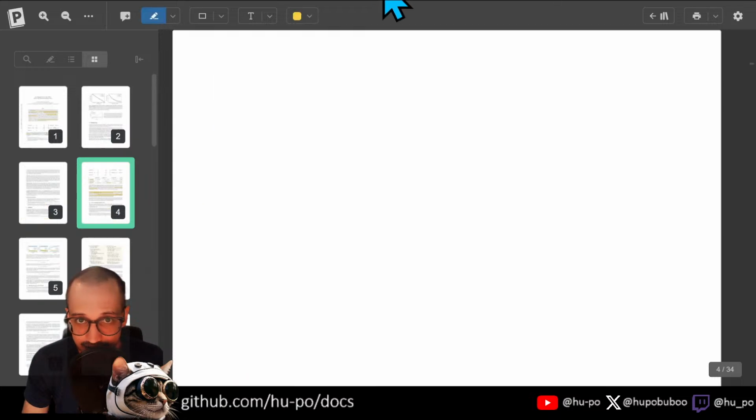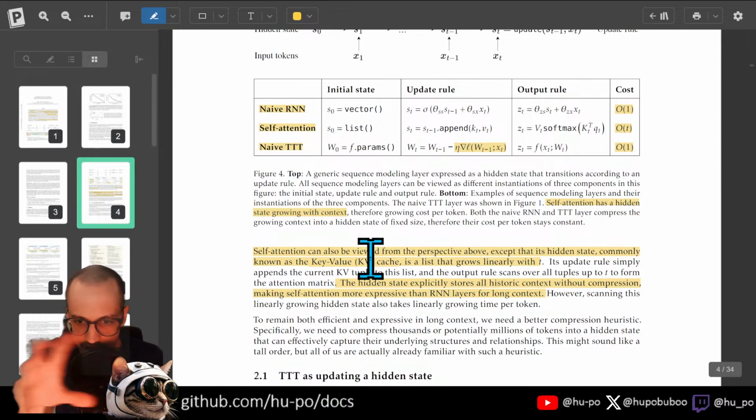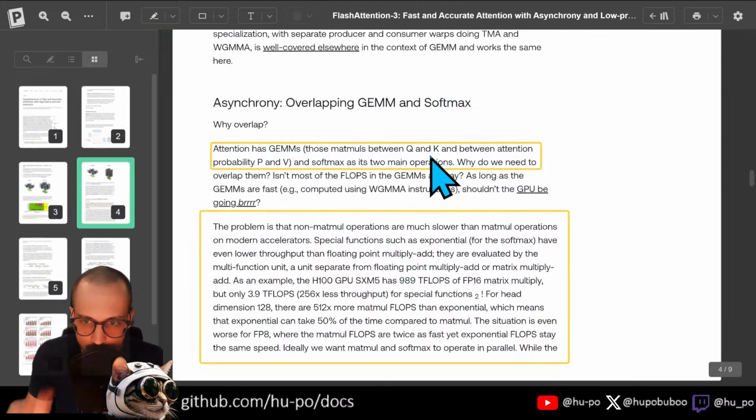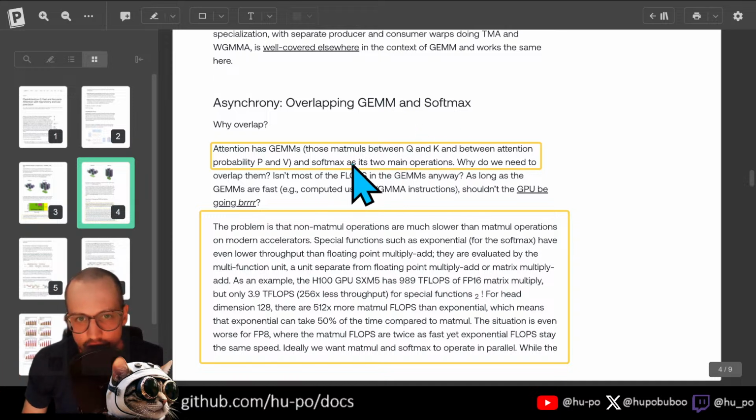The hidden state here is this KV cache, the thing you're growing over time as you go through the context. But the matrix multiplies between the Qs and Ks, and then the output of that with the Vs, are not actually the weakest link in the chain.